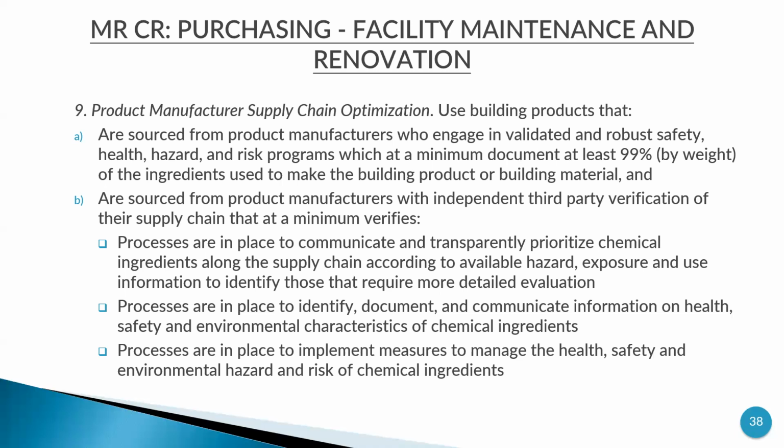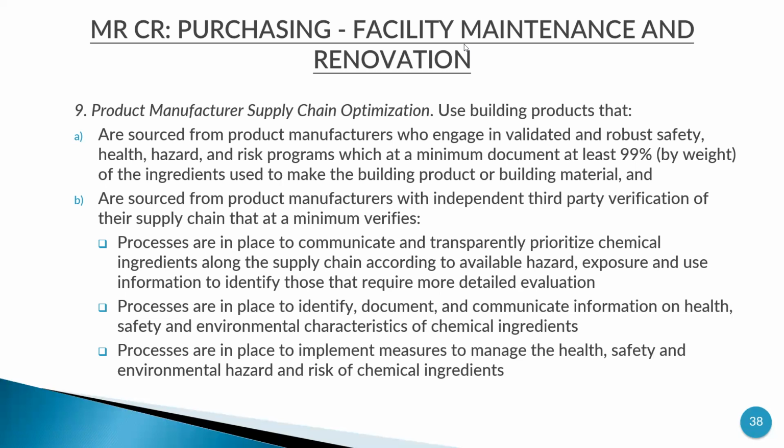Again, these products are sourced from product manufacturers with independent third-party verification of their supply chain, which at a minimum verifies processes that are in place to communicate and transparently prioritize chemical ingredients along the supply chain according to available hazard, exposure, and use information to identify those that require more detailed evaluation.